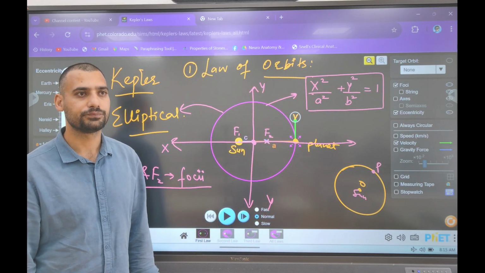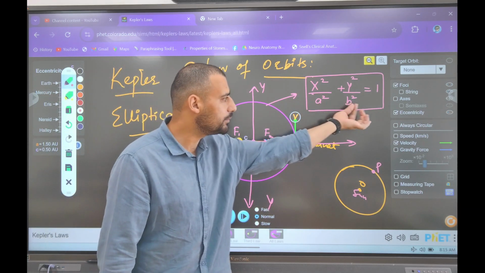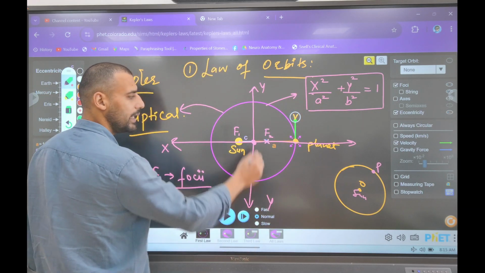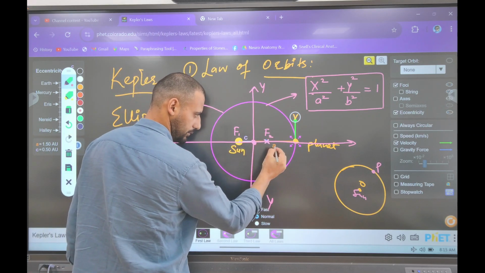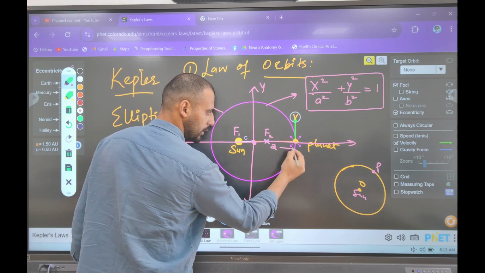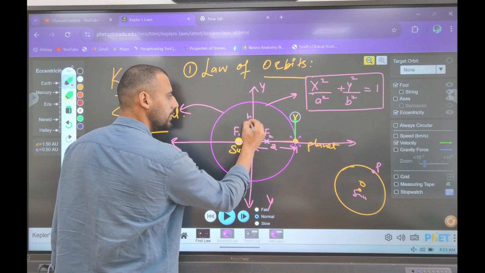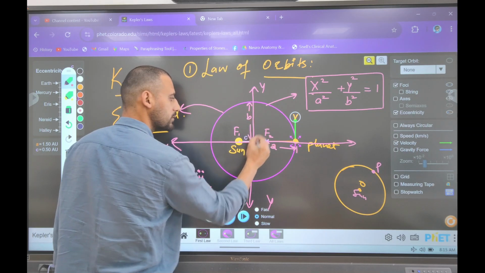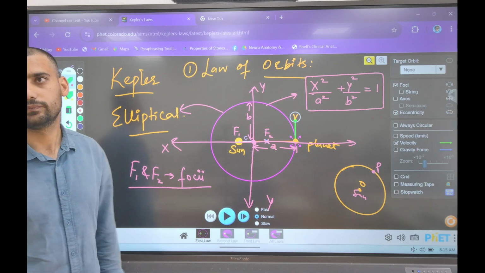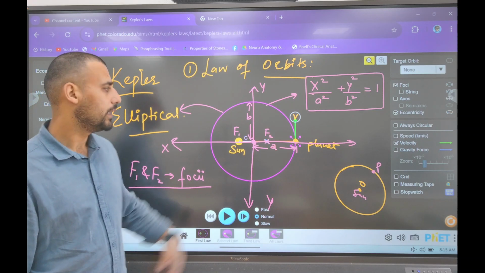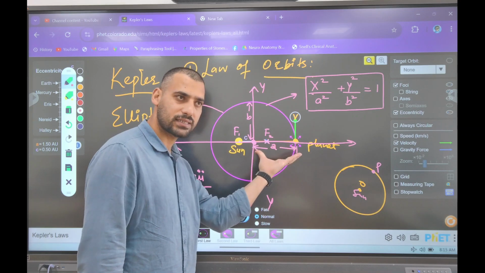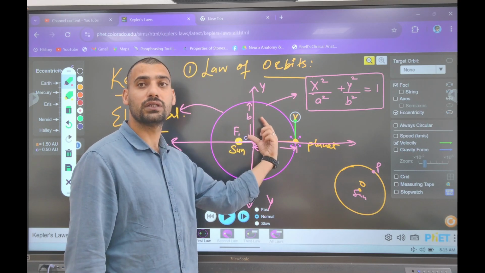Is that fine? What are a and b here? See, a is the intercept on the x-axis and b is the intercept on the y-axis. Do you understand? Yes? a is the intercept on the x-axis and b is the intercept on the y-axis.